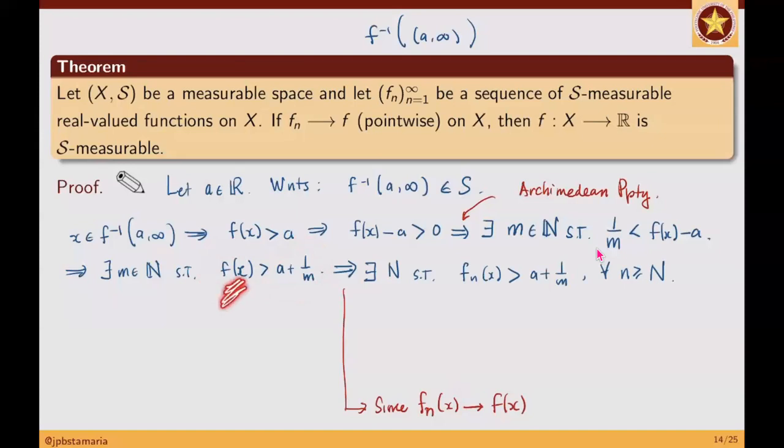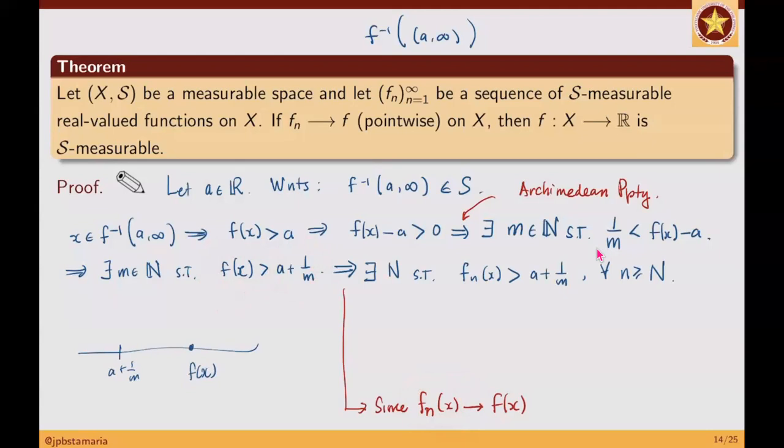If you converge to f of x, the terms of this sequence will eventually fall to the right of this. Let's say this is a plus 1 over m. This is f of x.